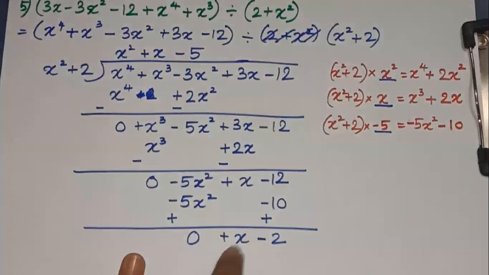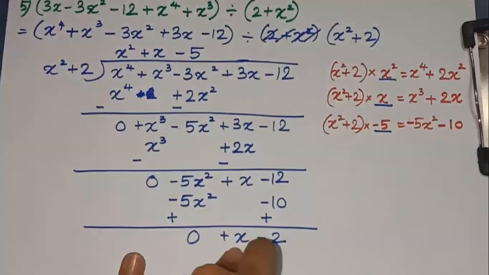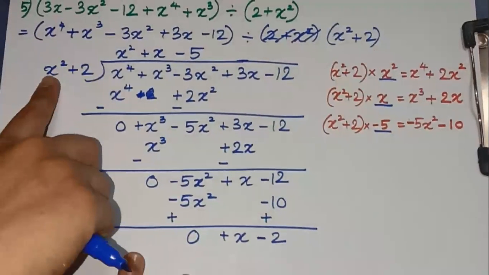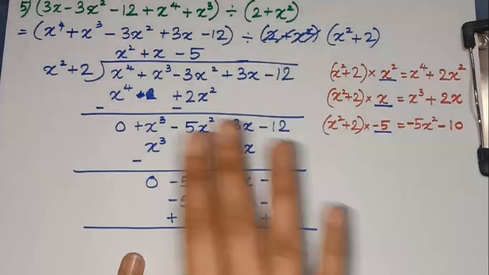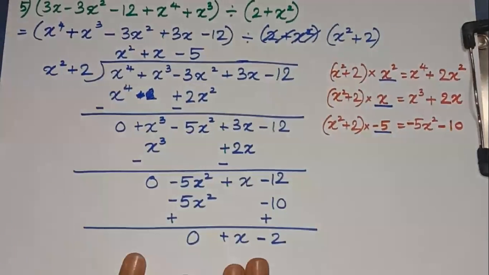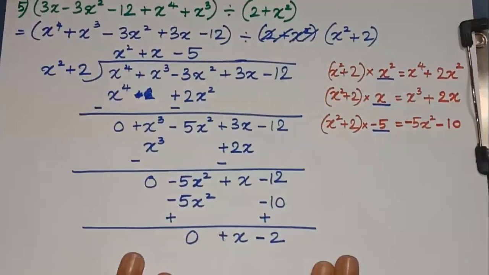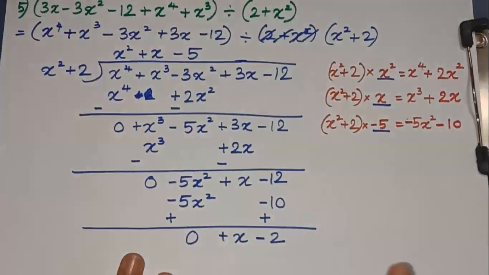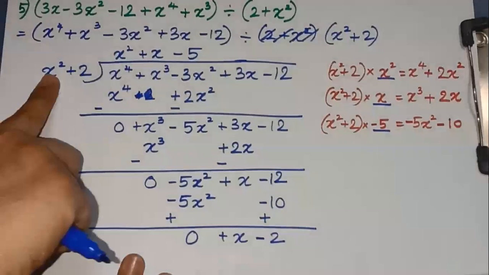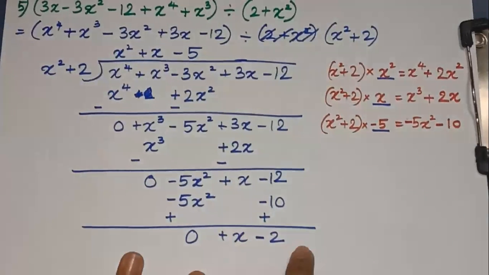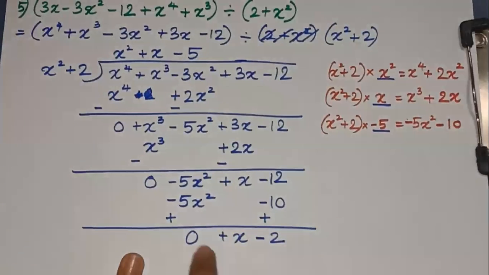But as the power has decreased compared to the power of the divisor, we are not going to continue ahead, and hence this division stops over here. We will not move ahead. I will repeat it once again. The power of the divisor is now greater than the power of the dividend that you have. So hence you are not going to go further on.